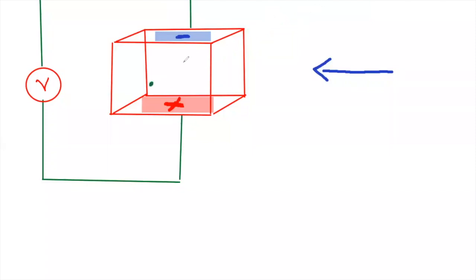From this point to that point, that is the direction of B. But I'm not going to show it here. I'm going to show it on the left. So that's the direction of B. So front face to back face. Let's write that down. So front face to back face.